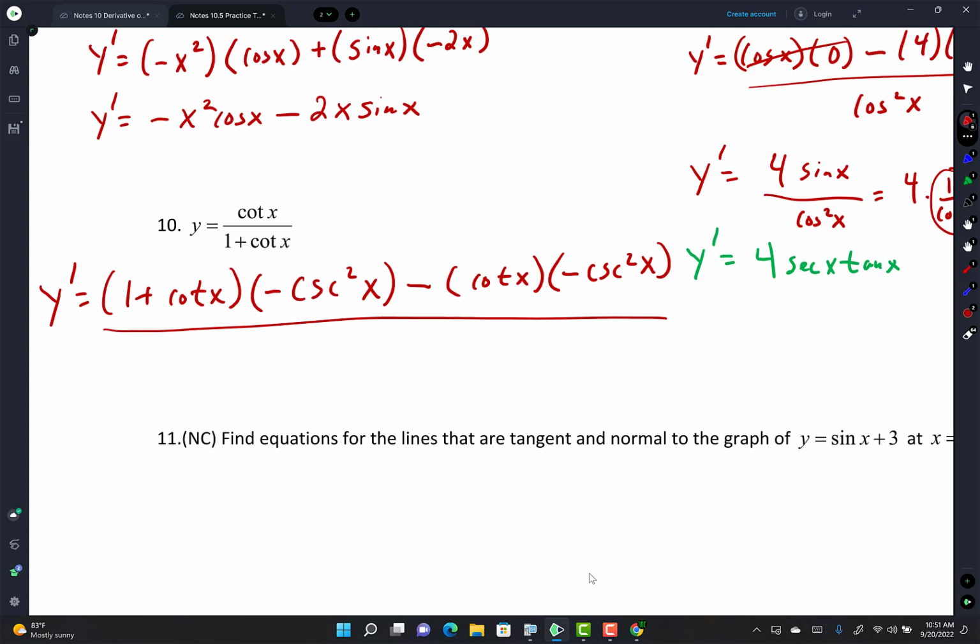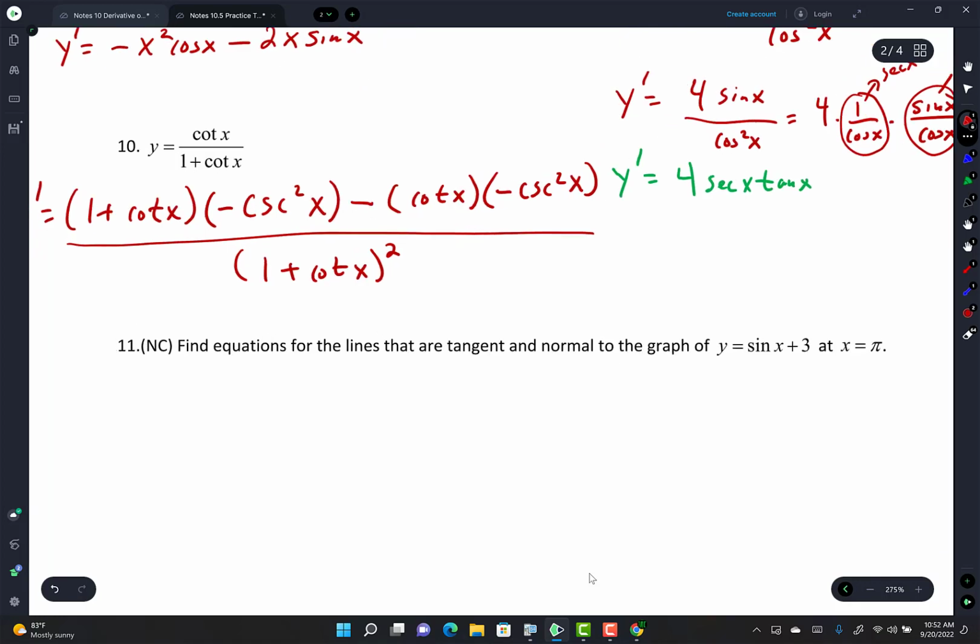Yeah, same thing, because I have a 1, it's a constant. All over bottom squared. There might be some properties in there. I'm going to leave it alone. We're just practicing on how to take derivatives. Are we okay so far?